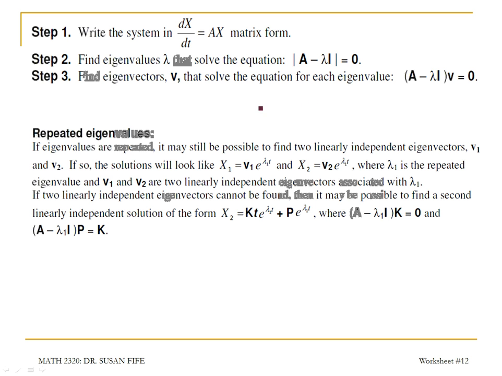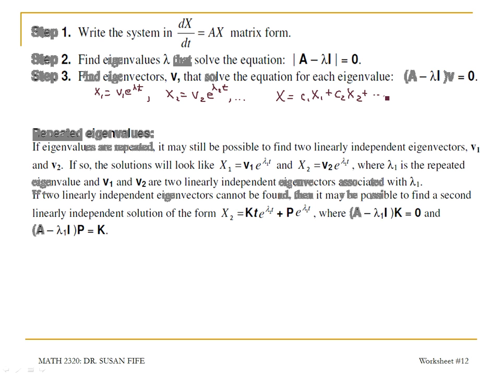And the solutions then were in the form x1 is equal to v1 e to the lambda 1 t, and x2 equals v2 e to the lambda 2 t, and so forth, where your general solution is c1 x1 plus c2 x2 plus, and so on.